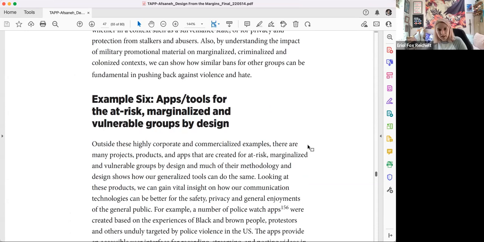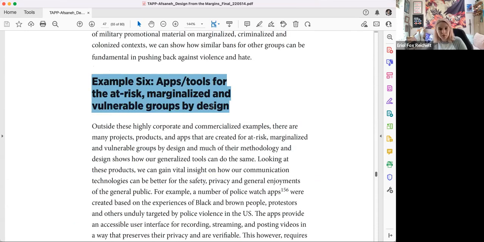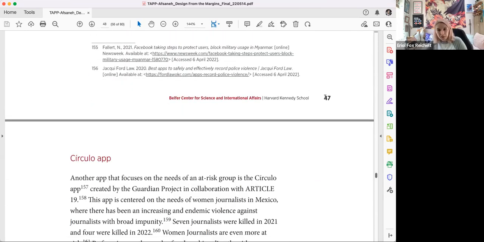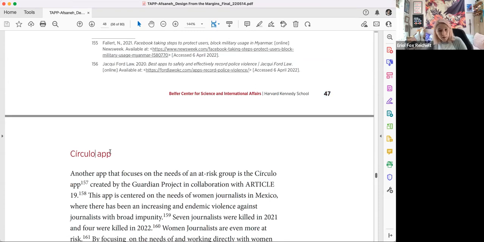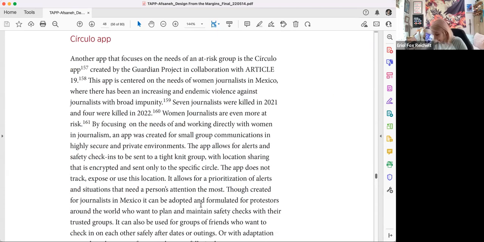This is section 6, tools, on page 47, and it talks about the Circular app, which is a great app and got a great blurb on how it does what it does and why, but not as much detail on some of the specific design-related things. That could be again by design from this report, in that if you expose that kind of stuff, it could be un-engineered by maliciousness. This is a public report, so obviously it's the same with some of the scenarios and broader concepts.